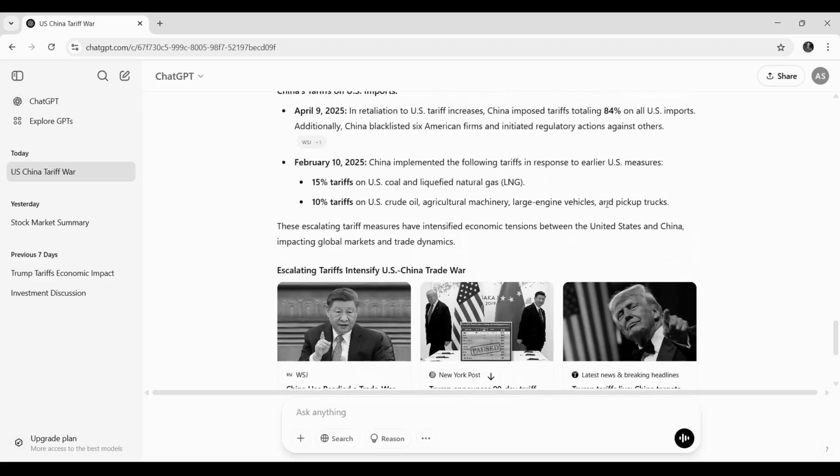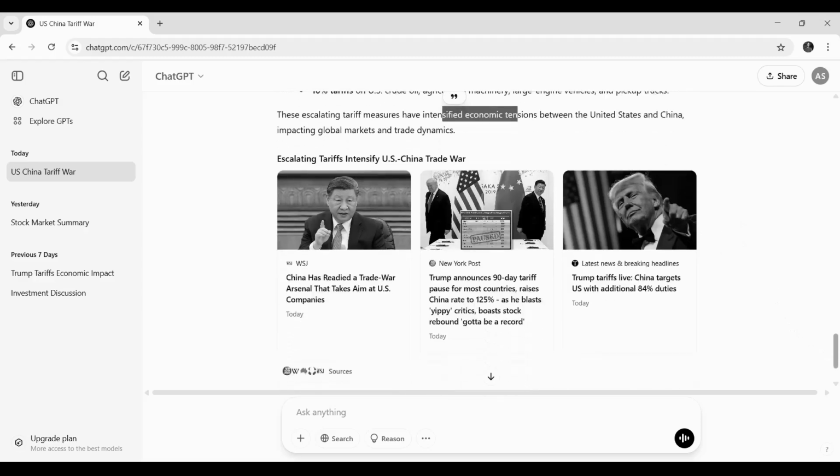Okay, and on February 10, 2025, China also implemented tariffs here. So 15% tariffs on US coal and liquefied natural gas, 10% tariff on US crude oil, agricultural machinery, large engine vehicles, and this. Okay, these escalating tariff measures have intensified economic tensions between the US and China, impacting global market and trade dynamics.